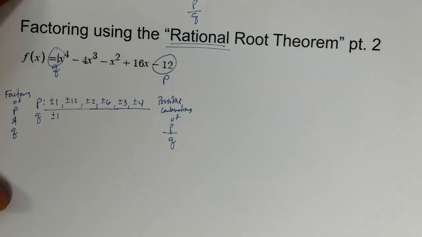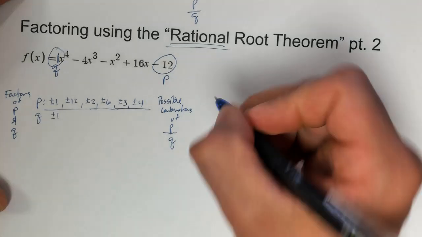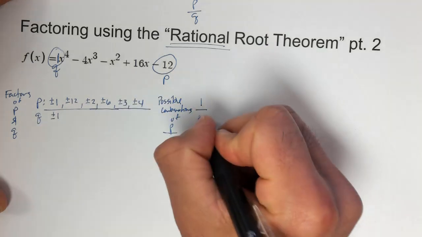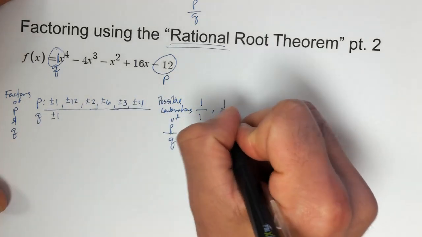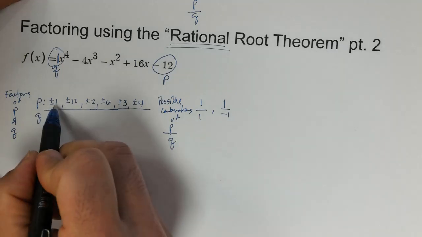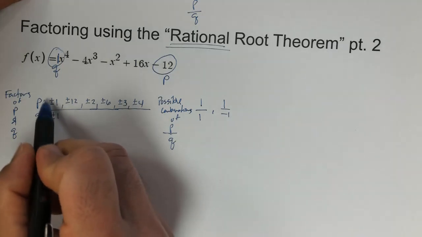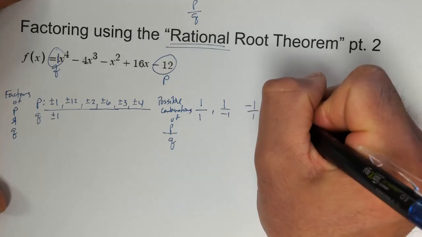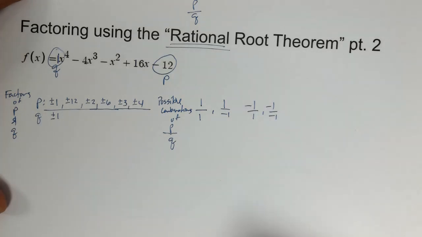So let's start with some of these. Let's say we're dealing with positive 1. If 1 is a possibility, I can divide it by positive 1, or I can divide it by negative 1. If negative 1 is a numerator, I can divide it by 1, and I can divide it by negative 1.